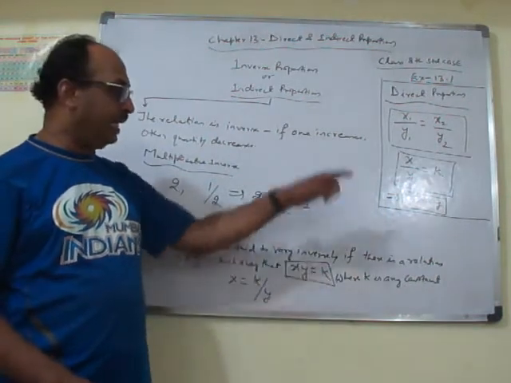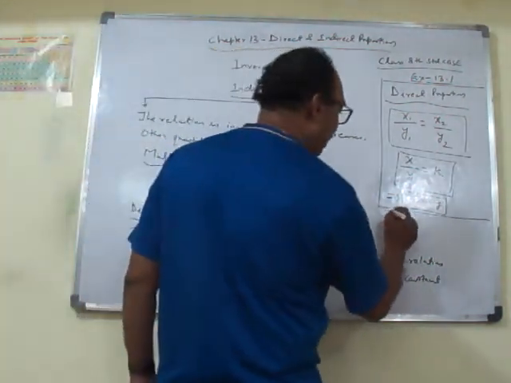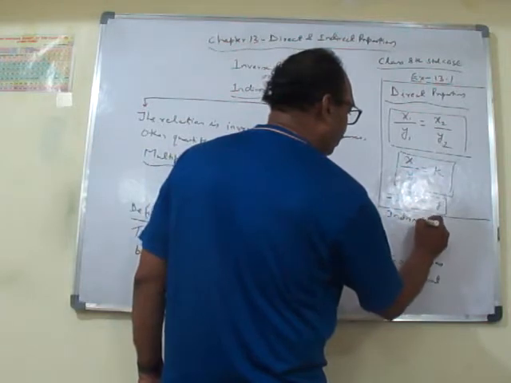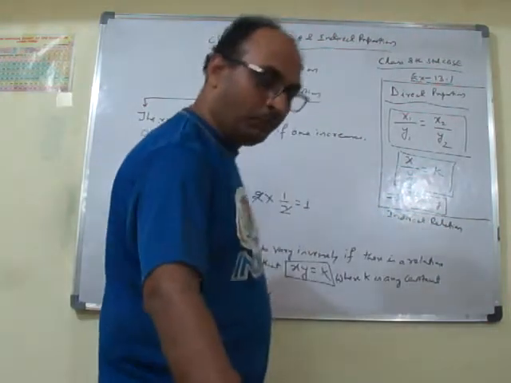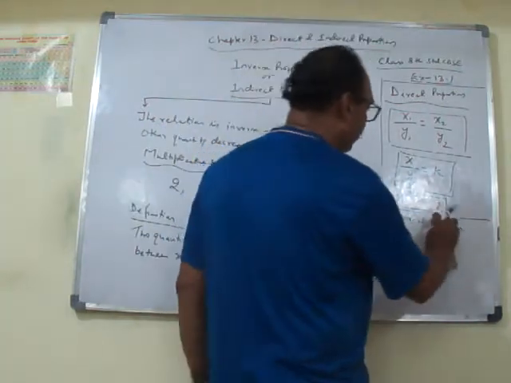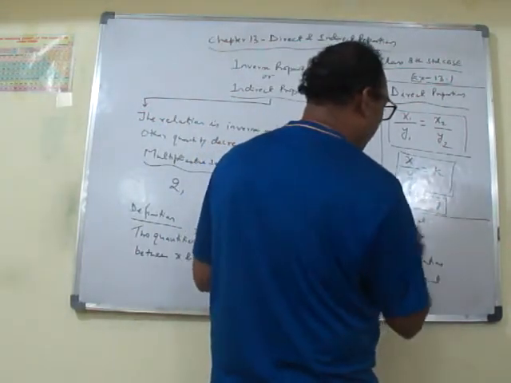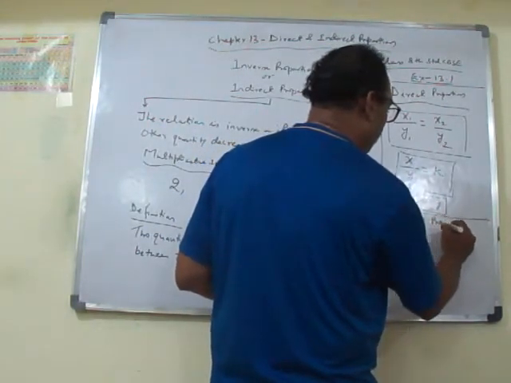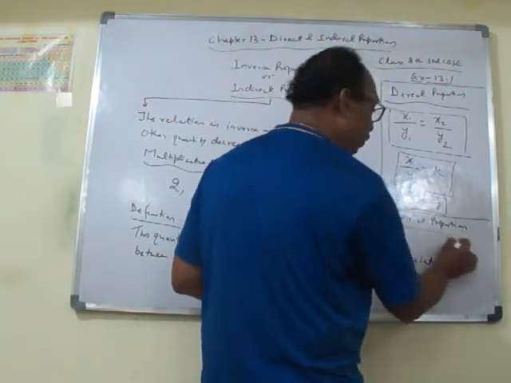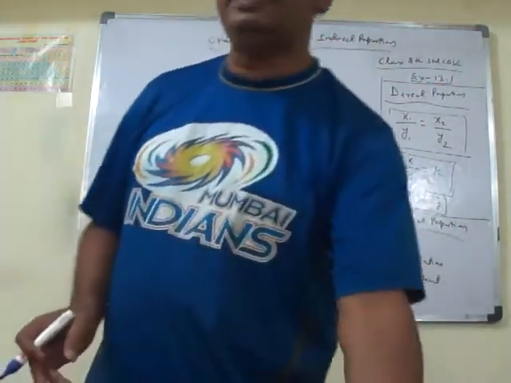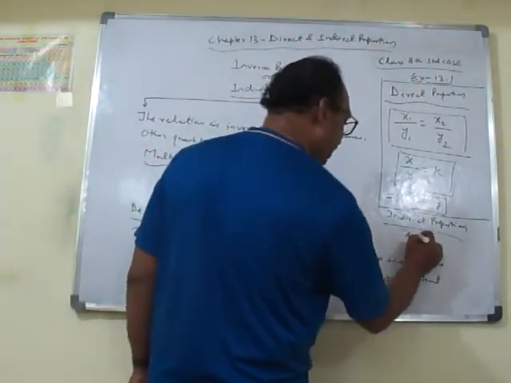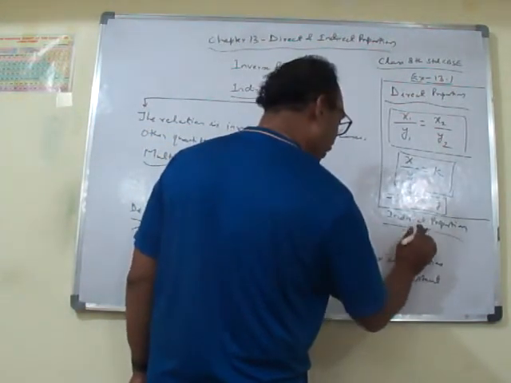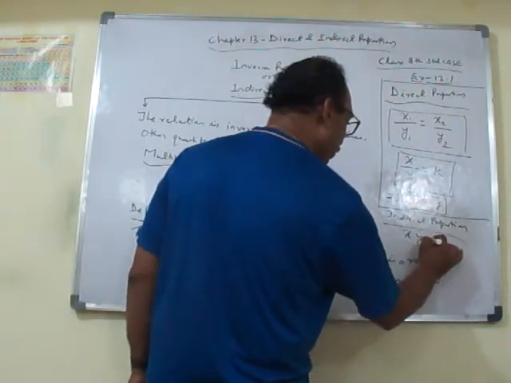So for indirect relation or proportion, xy is equal to k.